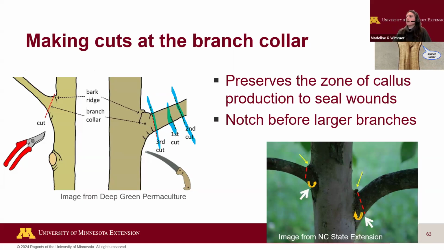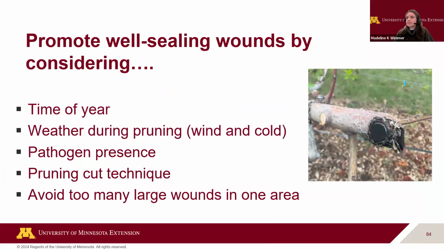So you can see in this diagram here, if I cut this way, I'm leaving a smaller wound and I'm cutting at this junction. If I were to cut into the tree, I'm leaving an even larger wound and I'm not leaving a lot of space in case that branch does have a little bit of dieback by chance, not guaranteed.